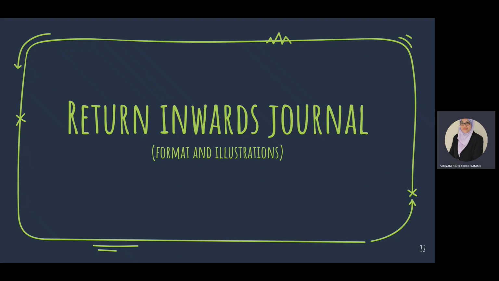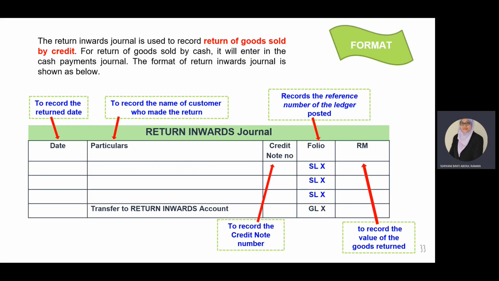Next, we move to the return inwards. We just have to focus on the name of the customer that returned the goods, since the format is more or less the same.